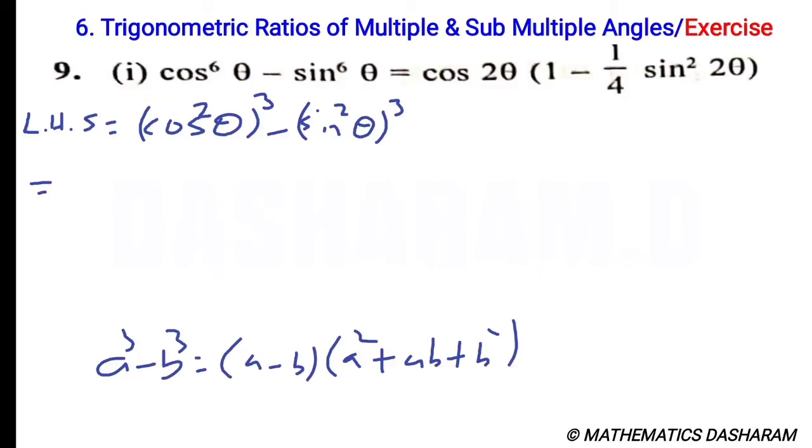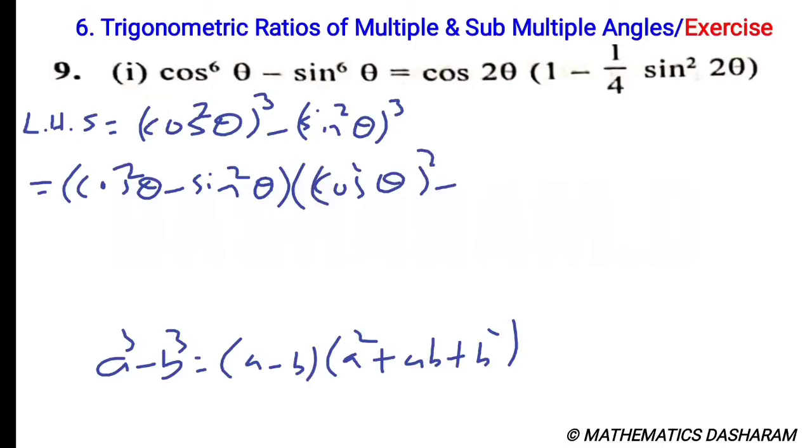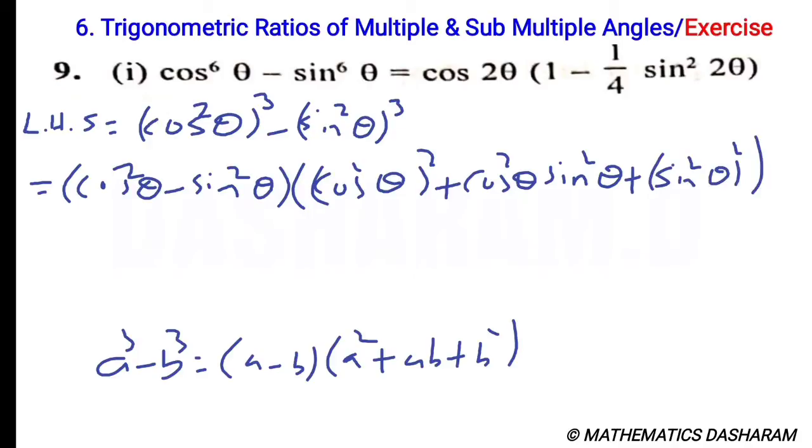So a minus b means cos square theta minus sin square theta is a minus b. Next a square, so that means (cos square theta) whole square, plus ab, cos square theta into sin square theta, plus b square, so (sin square theta) whole square.